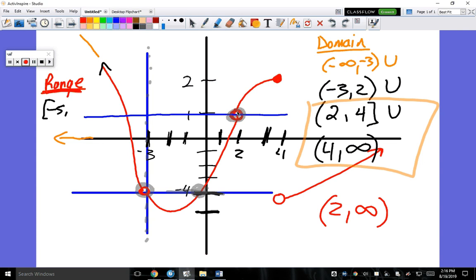The graph does not exist here, but it does exist here. So will I put a break? I'll keep going. I'm not going to put a break there. Y'all with me? And then it stops at 2. So should I say negative 5 to 2, yes or no? No. Because of this thing, this 2 should be what? Infinity.